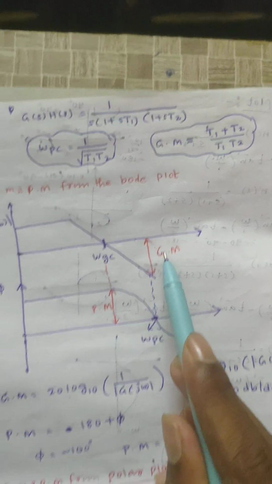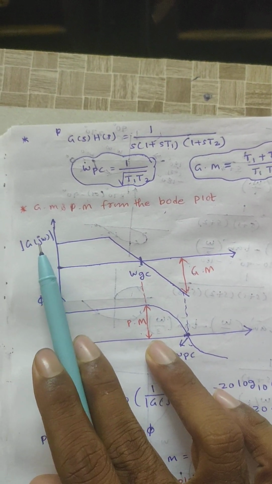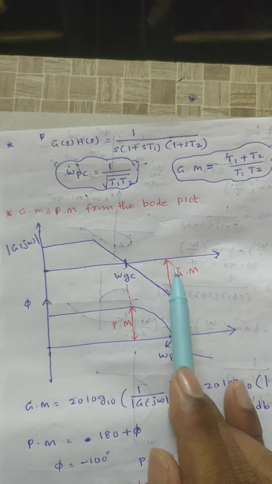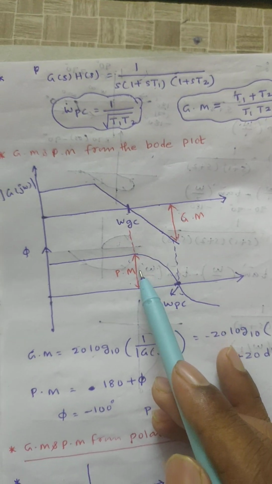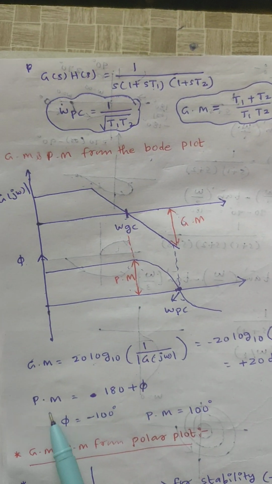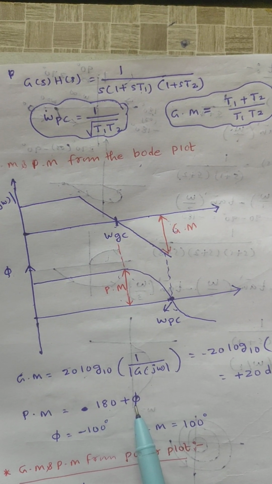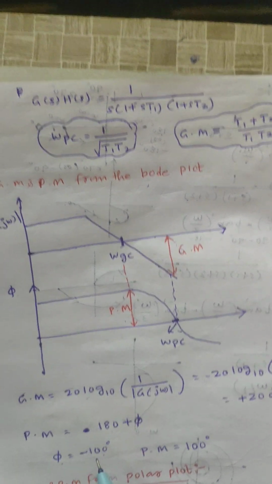Here it is negative, right? This is the magnitude of G(j omega). When we consider 1 by G(j omega), that value, since here it is negative, means gain margin is positive. Similarly here, omega gc, right? Here is the phase margin. We already know the phase margin formula is 180 plus phi. Assume the phi angle is minus 100 degrees.